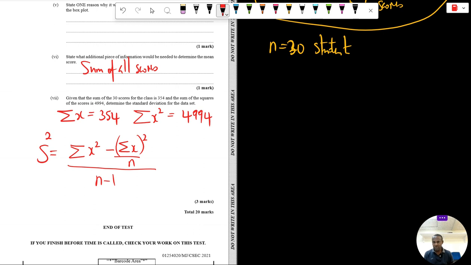That is the formula for the variance. The variance and the standard deviation are related: the standard deviation is just the square root of the variance. So let's proceed to finding the variance.